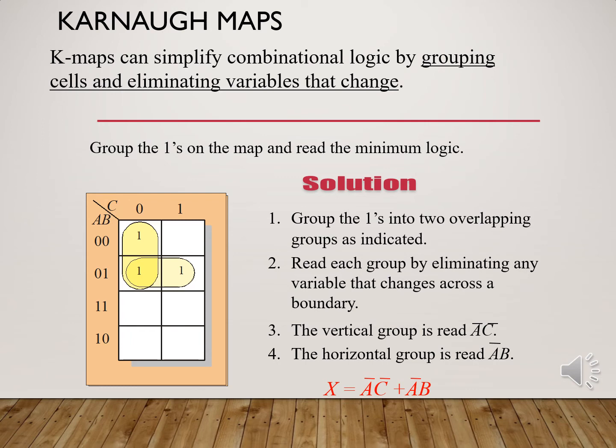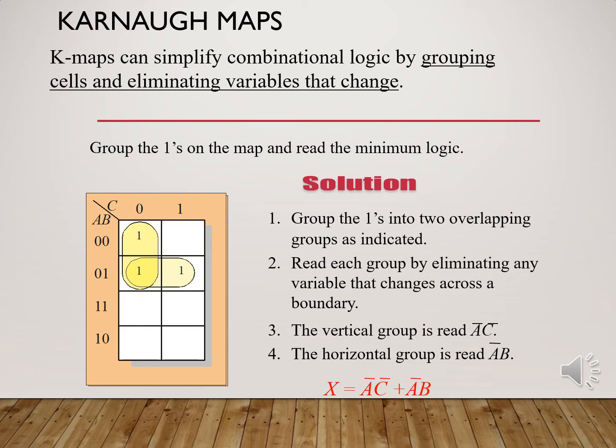Now come to the second row. Row wise you have C changing. The second row now corresponds to the values A bar, B, C bar and A bar, B, C. So here the C alone is getting changed.